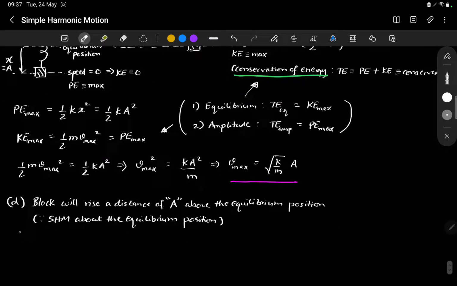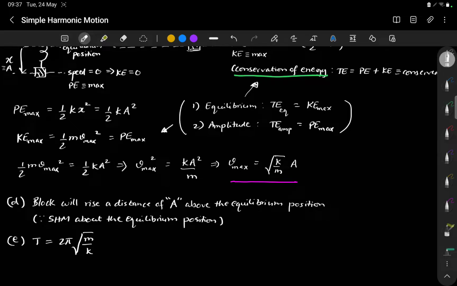The last part is to find the time period of oscillation. The time period, as we have seen in previous videos, is 2 pi square root m by k, and we are given these values.